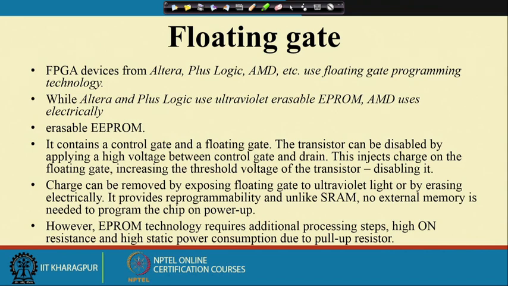As I said, it contains a control gate and a floating gate. A transistor can be disabled by applying a high voltage between the control gate and drain. This injects charge on the floating gate, increasing the threshold voltage of the transistor, and it will get disabled. If the threshold voltage of the transistor is increased, it means to turn on the transistor you have to apply more voltage.